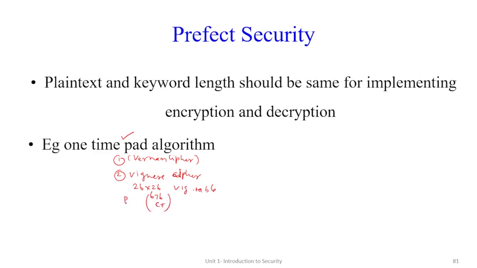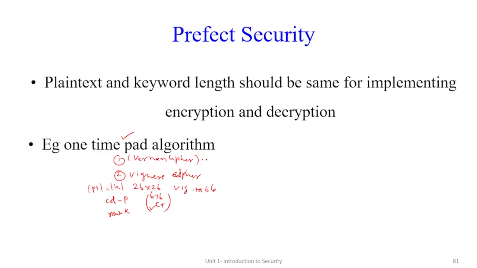The corresponding plaintext and key are referred to. Plaintext letters are arranged in columns, and rows represent the key. We refer to the plaintext letter at the column and the keyword letter at the row, and the intersection value is taken as the ciphertext value. This algorithm is implemented with the length of the plaintext and the length of the key being the same.